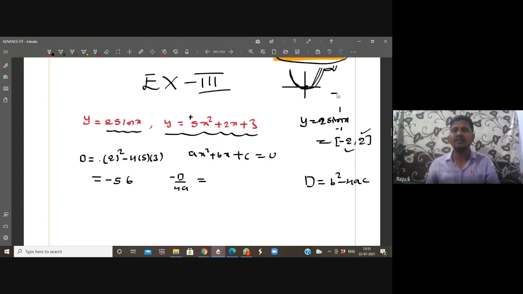Once the x square coefficient is negative, the parabola opens downwards, and in that case we get the maximum value.